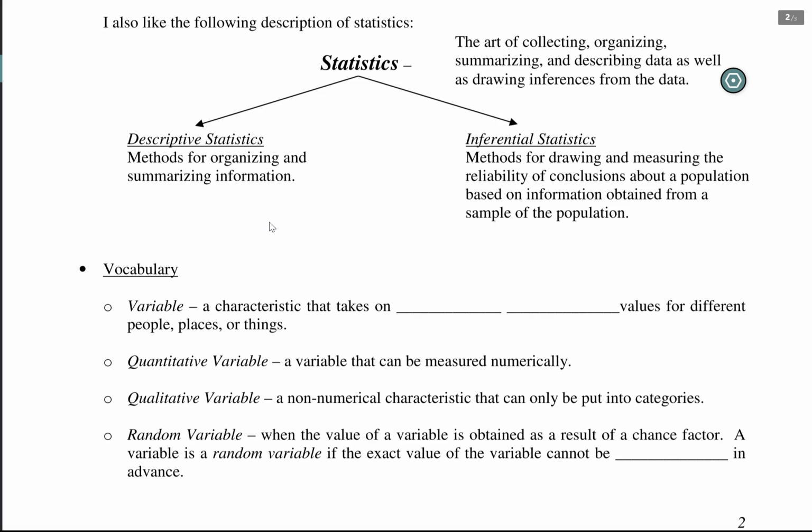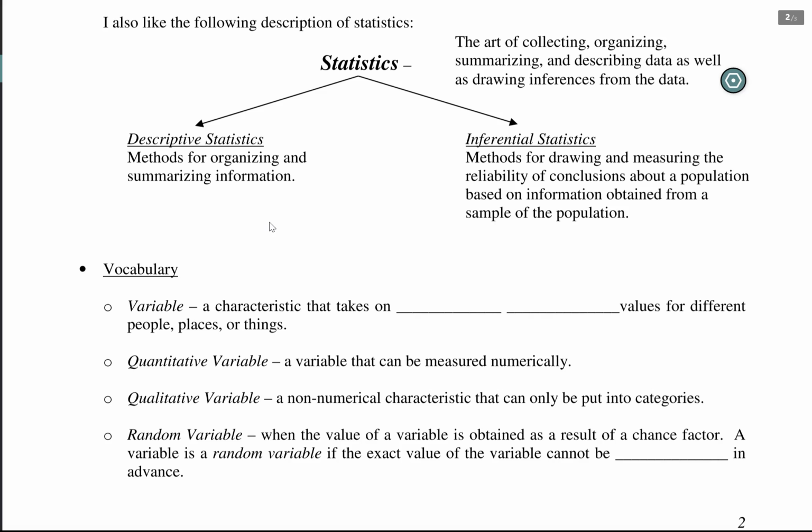Sometimes we'll say inferential statistics is a branch of statistics that deals with this process. Sometimes we'll use the phrase statistical inference, but we mean basically the same sort of thing.